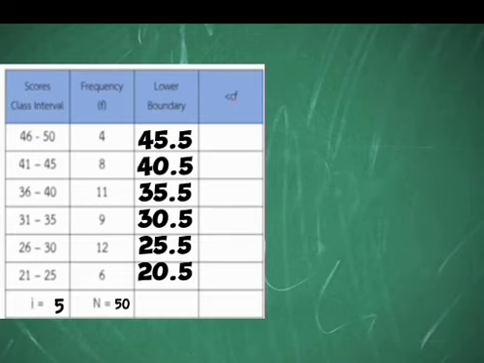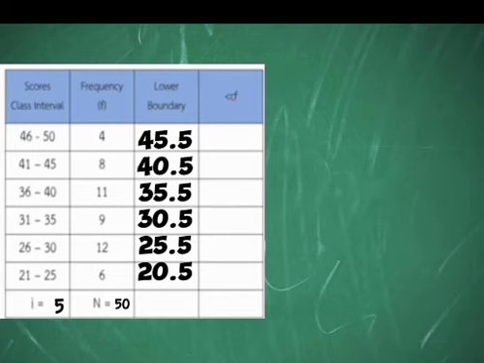Next, we will get our less than cumulative frequency, or less than CF. We will start with our first class, the class that has the smaller lower and upper limits. The frequency of our first class is equal to 6. We will just copy the value of 6 and put it in the less than cumulative frequency.